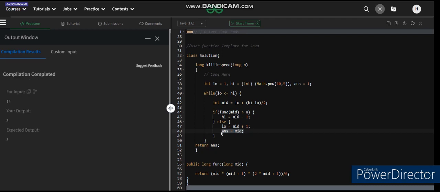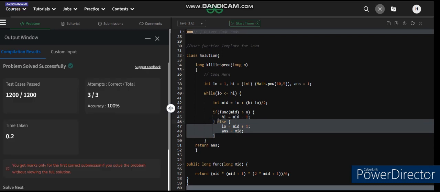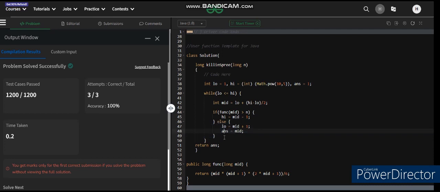This is very important, because for being safe, we have to take answer, as this condition sometimes may be the answer. So the problem is successfully solved.